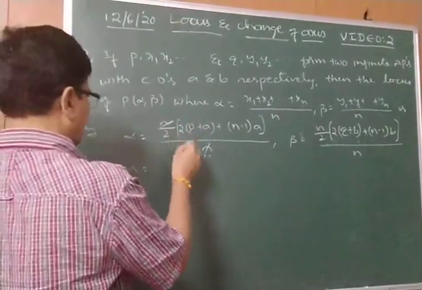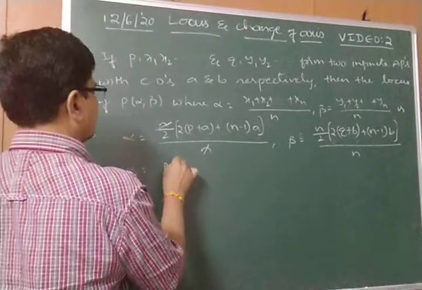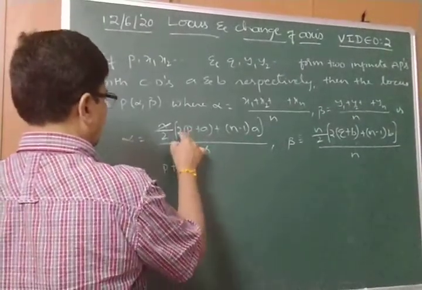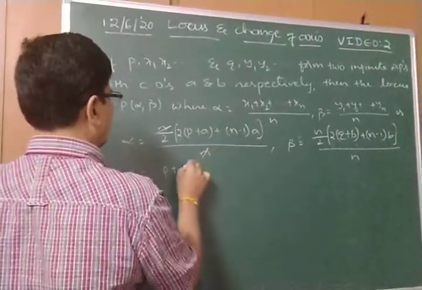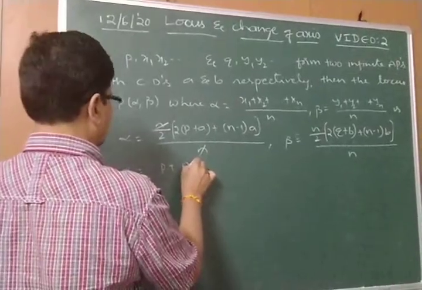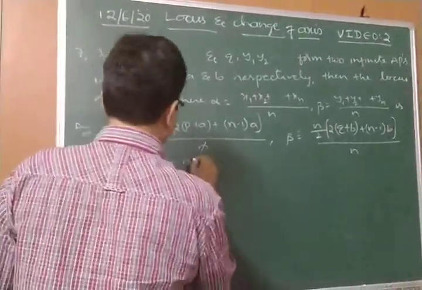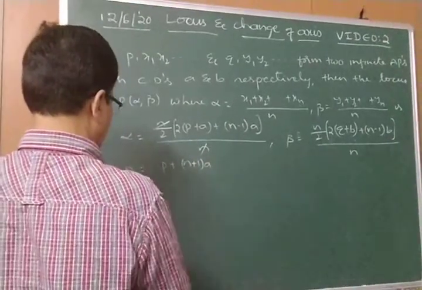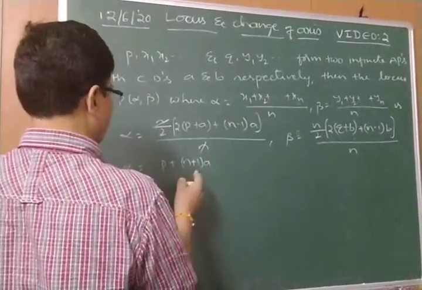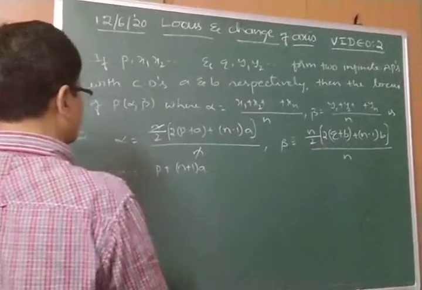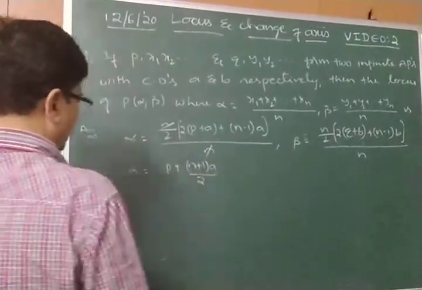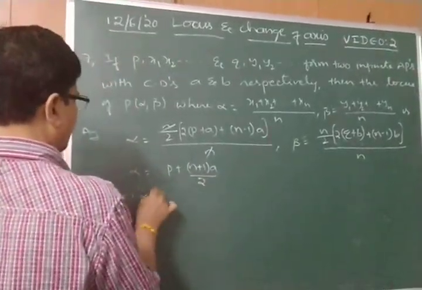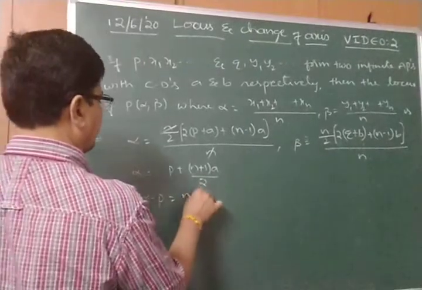This is 2 into p plus (n - 1) into a. That means alpha minus p is equal to (n + 1) into a by 2.